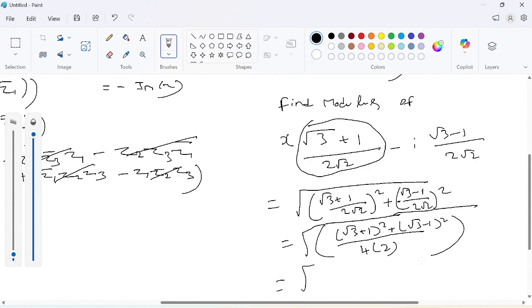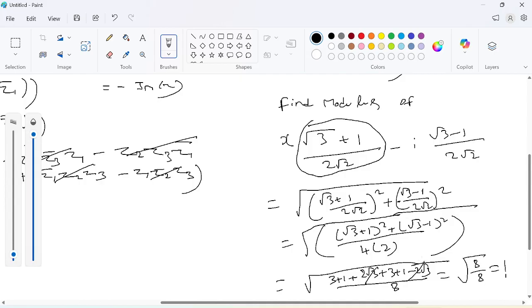Just simplify this. So 3 plus 1 plus 2 root 3, plus 3 plus 1 minus 2 root 3, whole divided by 8. The 2 root 3 terms cancel. 3 plus 3 is 6, 6 plus 1 is 7... root of 8 by 8, which is 1.